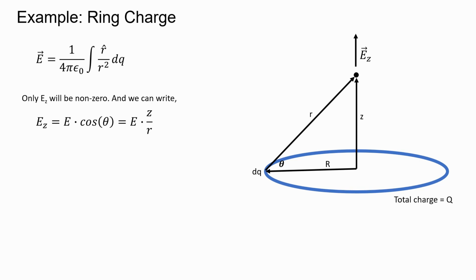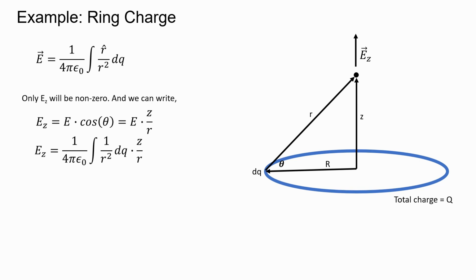Now, as we recognized, only Ez will be the non-zero component, so we can write Ez is equal to E, the total electric field due to the charge dq, times cosine theta. So this will give us the z component of this total electric field. And doing a little bit of trigonometry, we can recognize that cosine of theta is simply z divided by r.